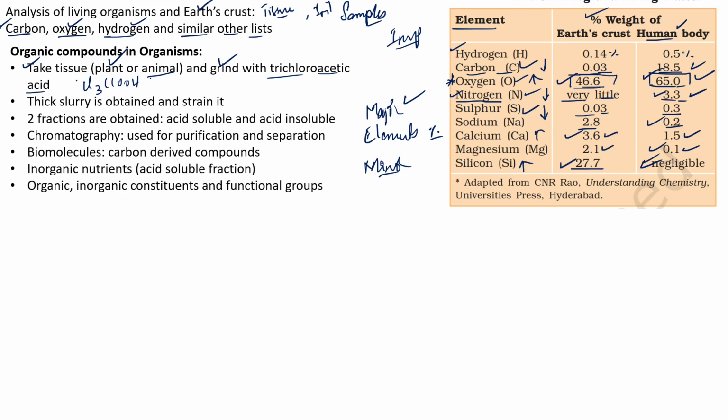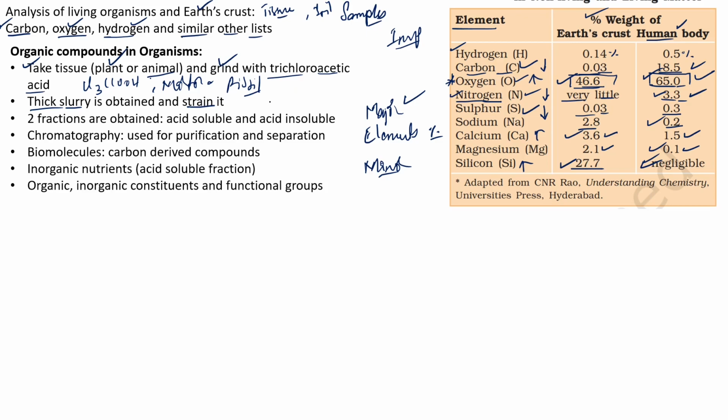You have to grind it in a mortar and pestle. If you grind it in this equipment, you will obtain a thick paste, a semi-solid slurry, and we have to strain it. Straining is a general process that you have seen in your household.